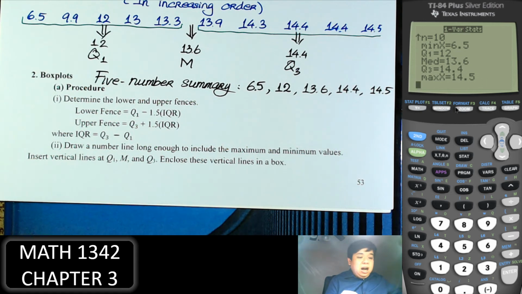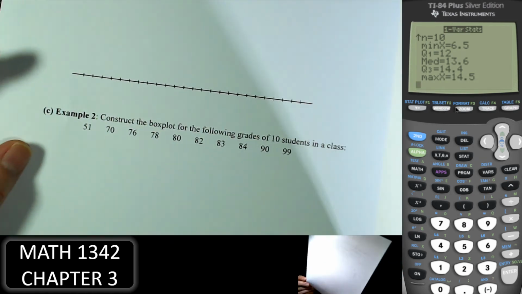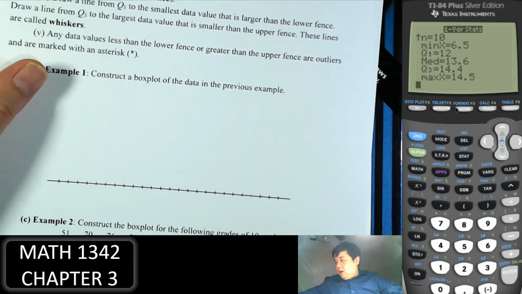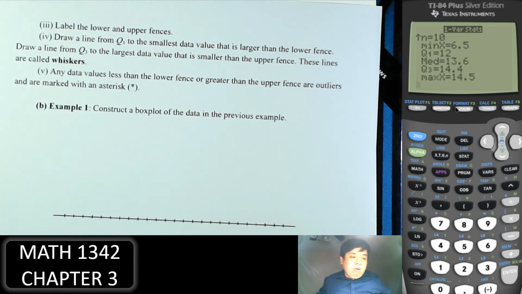Then we use the box and whisker graph, so there's the box, and then we have the whisker, or the line. Below, label the lower fence and upper fence, and after that draw a line from Q1 to the smallest value within the fence, and from Q3 to the largest value within the upper fence.